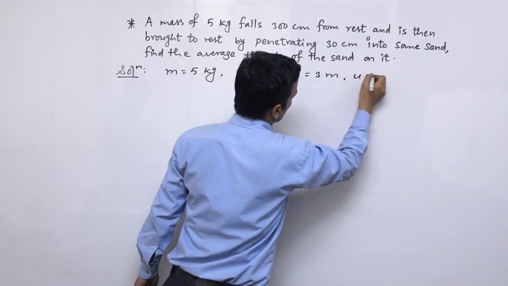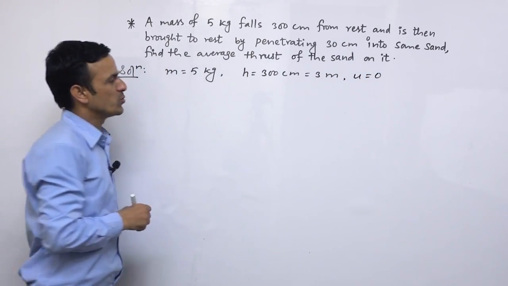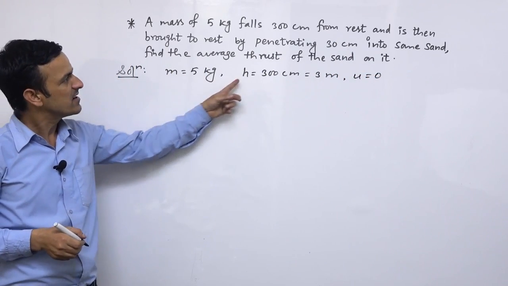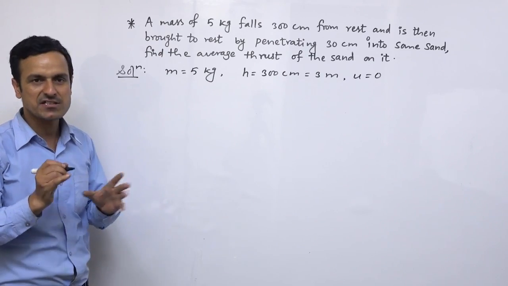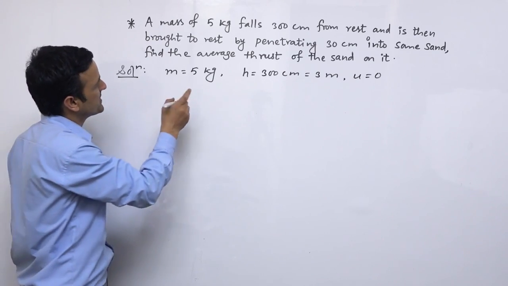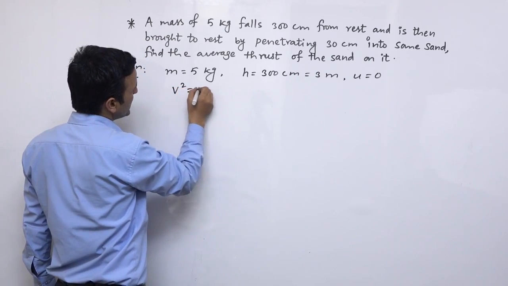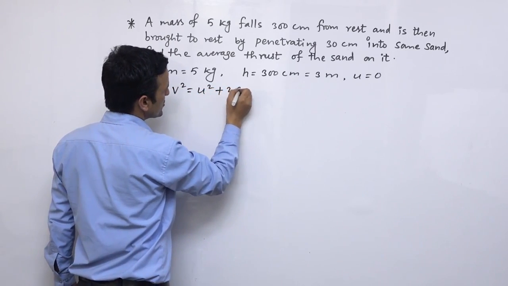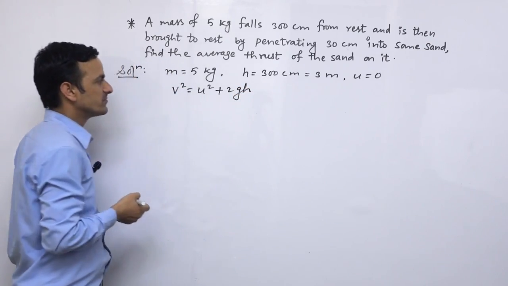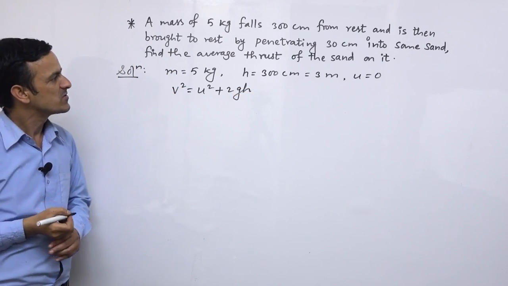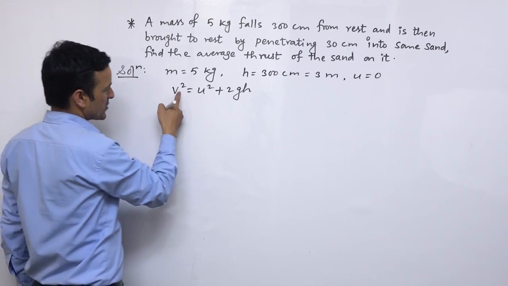U is equal to 0. We have u, mass, and height or distance covered by this body. So we can use v square is equal to u square plus 2gh. So this is the formula to find the velocity v.